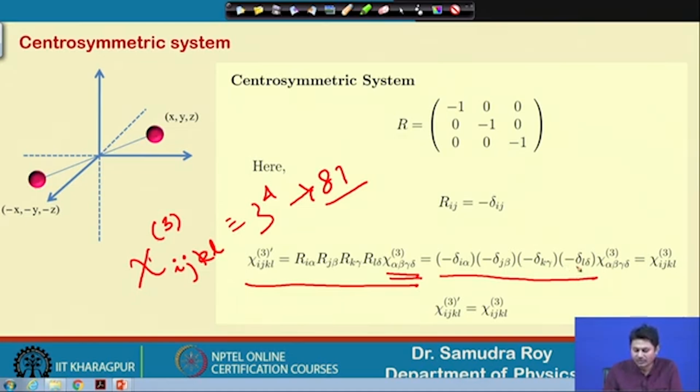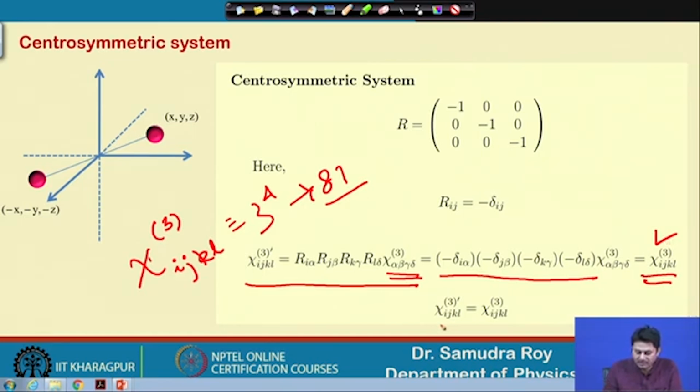So, there will be 4 times minus 1, and because this is a delta function, it is non-zero only when alpha, beta, gamma, delta are the same as i, j, k, l. If I multiply all these 4 minus 1s, I will have a plus 1. So, I will have the same quantity after the symmetry operation.